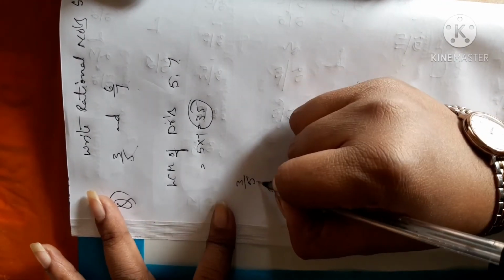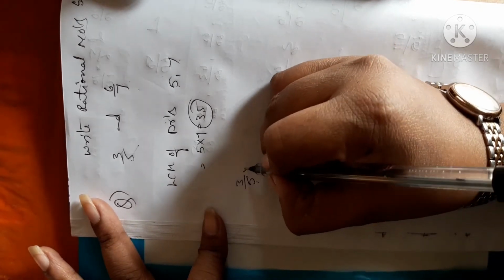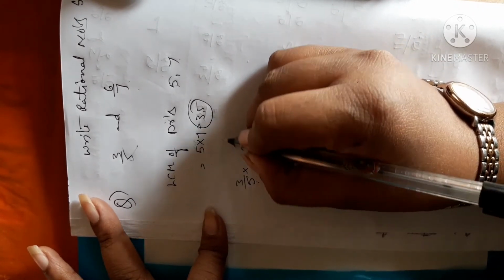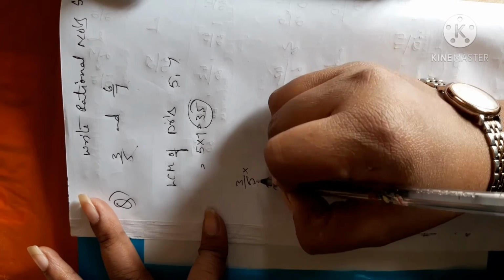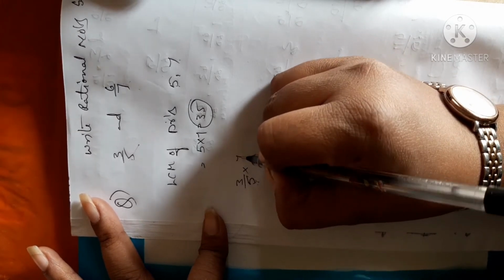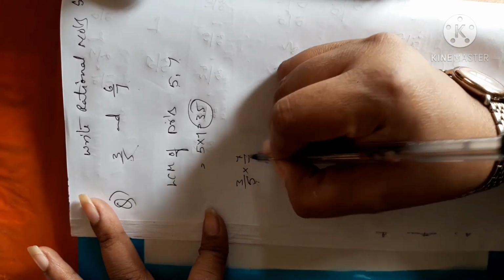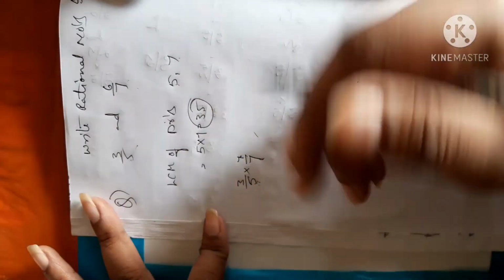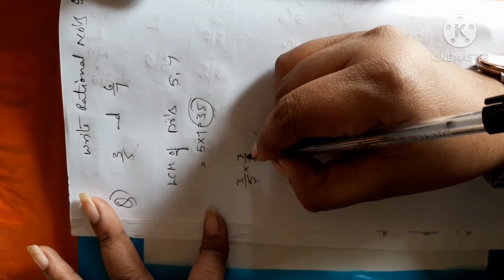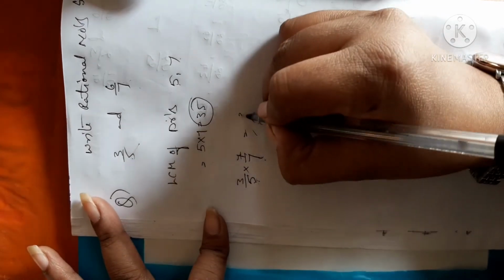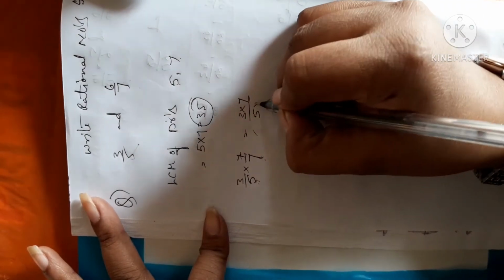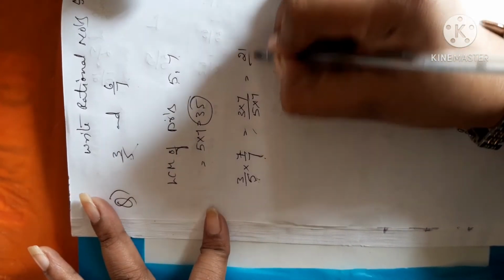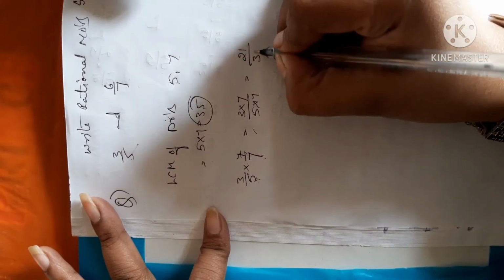Already 5 is in the denominator, so I want to multiply by 7 so that it becomes 35. 7 5s are 35, right? So I am multiplying by 7 by 7. What is 7 by 7? 1. If I multiply any number by 1, the result will not change. That is why I am taking 7 by 7. So 3 7s are 21, 5 7s are 35.